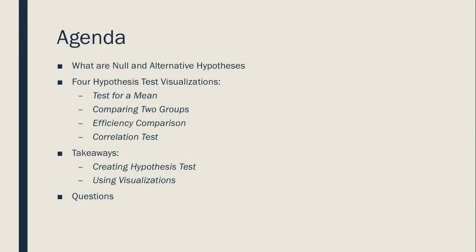As for the agenda, we'll start by highlighting differences between the null and alternative hypothesis to give some context for the rest of the presentation. We will then review the four visuals and state the null and alternative hypothesis for each with the guidance of our research question, while also taking notice of how each visualization helps to support the answer for that question.